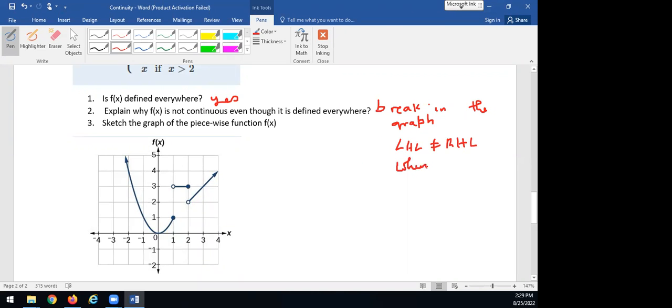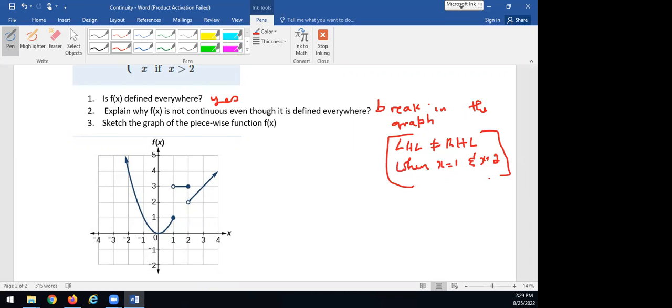When x is equal to 1 and also when x is equal to 2. So if you look at the limit as x approaches 1 from the left and the right, you'll see that the right-hand and the left-hand limit are not equal. If you want to be more formal, you could describe it like that as well.